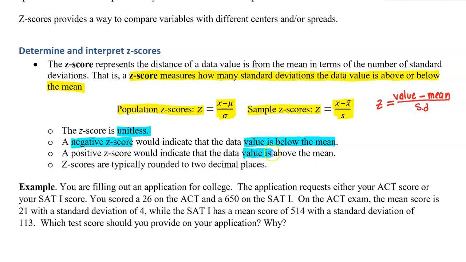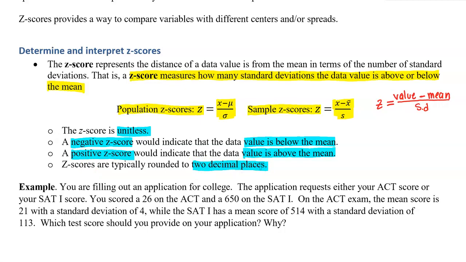If the data value is above the mean, then the z-score will be positive. And so we'll know if the data value is above or below the mean by whether the z-score is negative or positive. And we are going to be rounding z-scores to 2 decimal places.